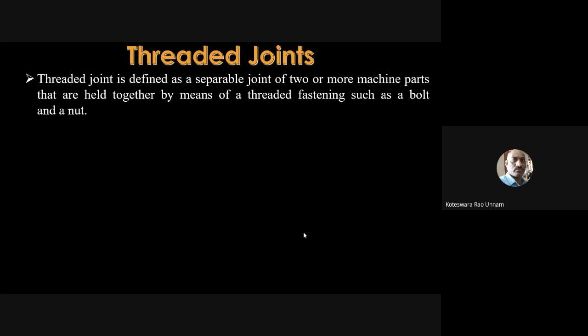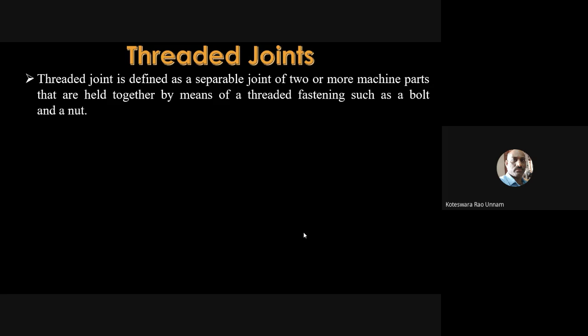If it is a bolt and nut, then we can call it a threaded joint. Sometimes instead of bolt and nut, you may use screws, or a stud and nut. Broadly, whatever it may be, that comes under the threaded joint.